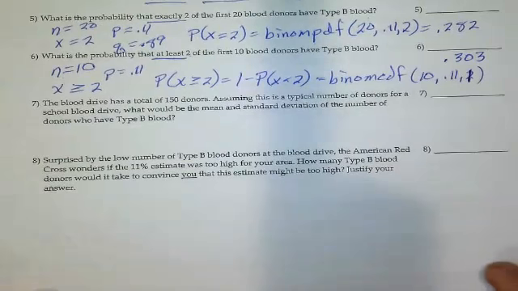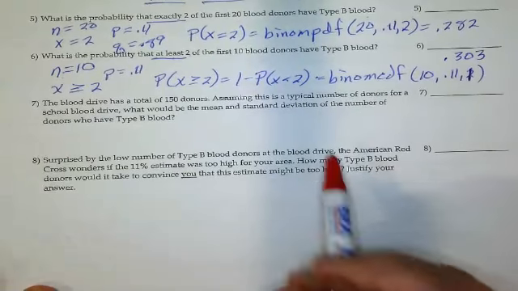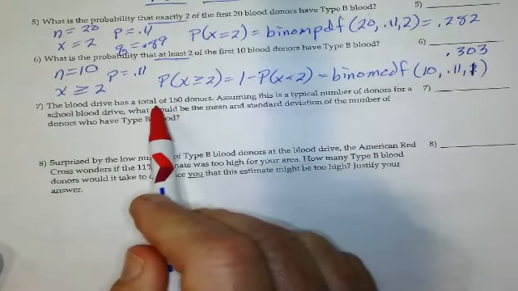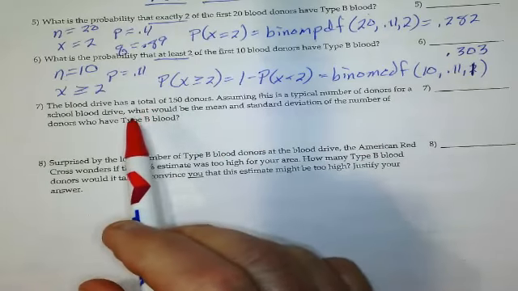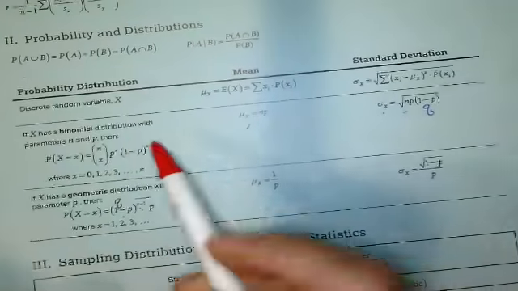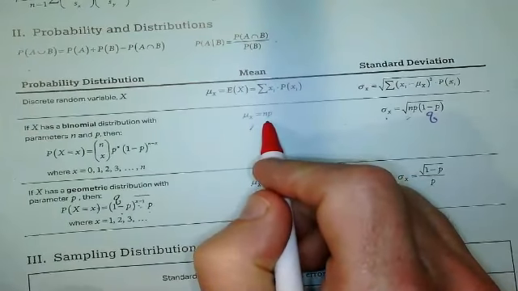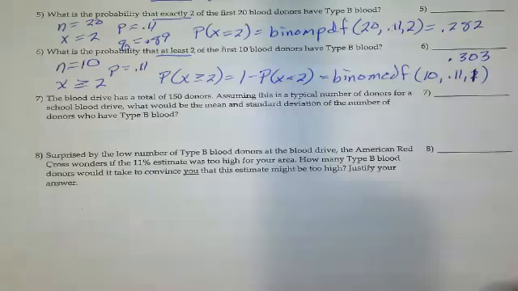Number 7. So we have 150 donors. Assuming this is typical number, what would be the mean and standard deviation? Okay, fixed number, binomial. So binomial distribution is NP, the number of donors times the probability.